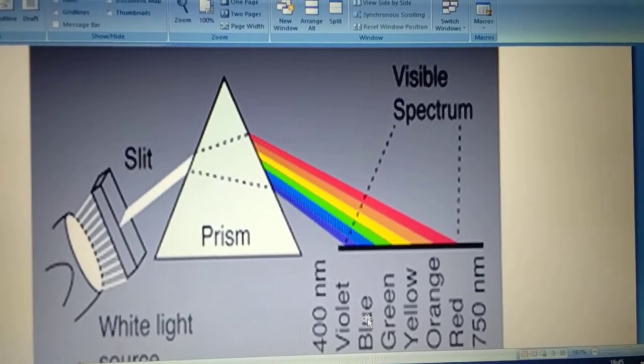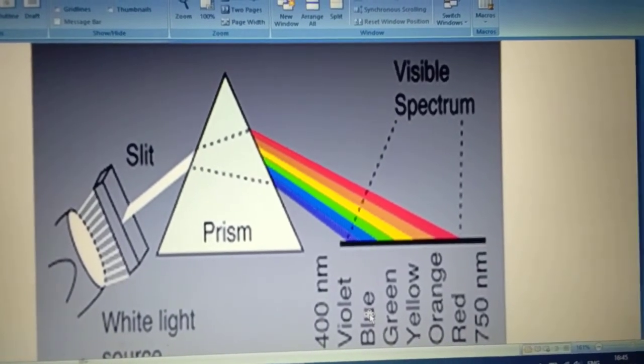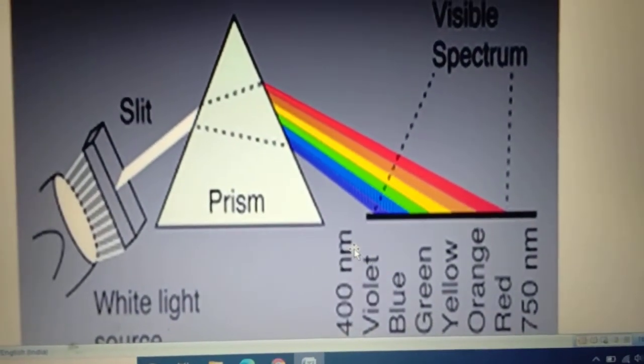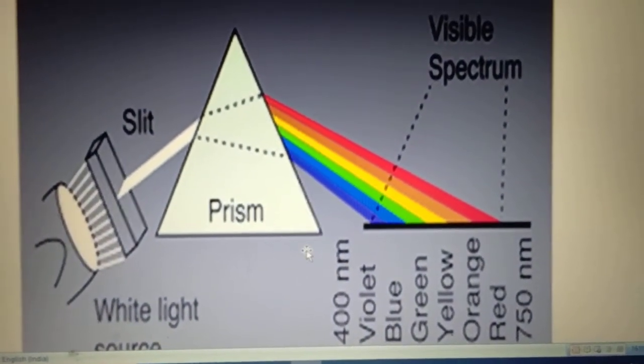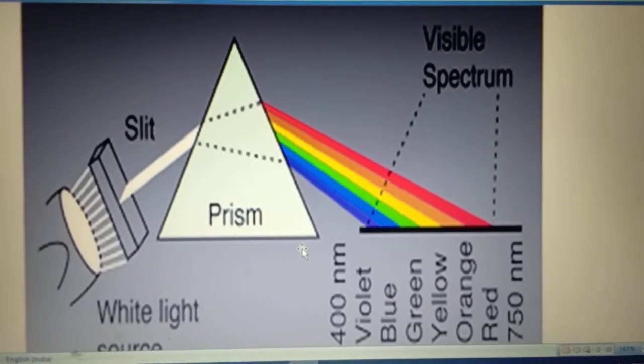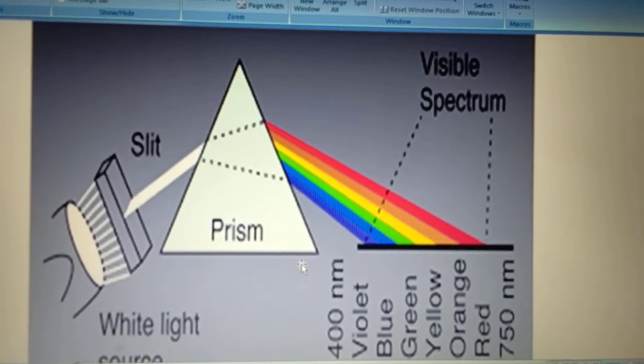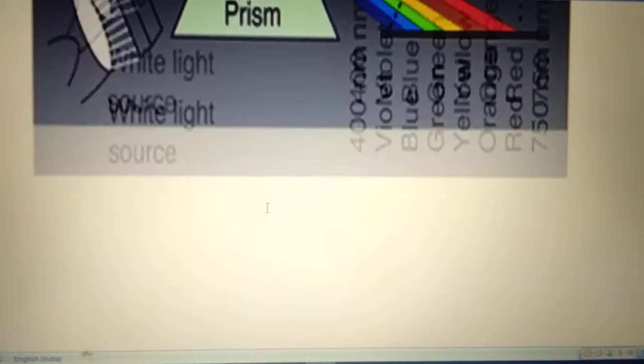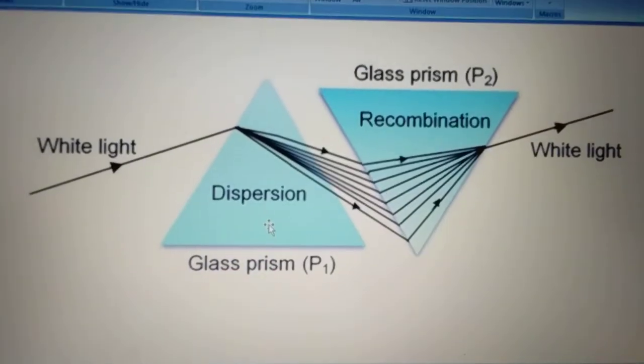The splitting of white light into its constituent colors is termed dispersion of light. When all these colors combine, we will get white light. Here is a simple experiment.